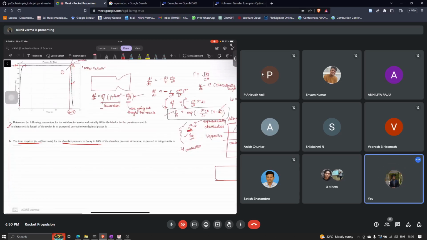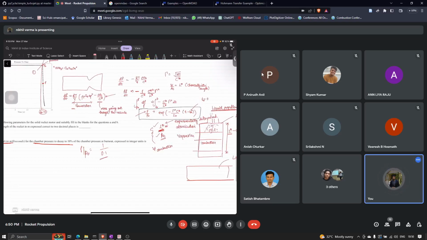So we have P by PB as 0.1, and you have to calculate what is T minus TB.